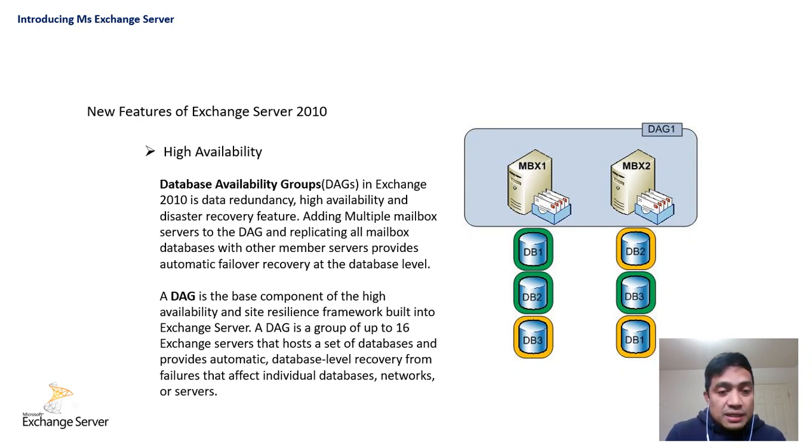All right. So a DAG is the base component of the high availability and site resilience framework built into Exchange Server. A DAG is a group of up to 16 Exchange servers that hosts a set of databases and provides automatic database-level recovery from failures that affect individual databases, networks, or servers. From our example on the right side, if you look at the diagram, we have two Exchange servers, which is actually the minimum requirement.